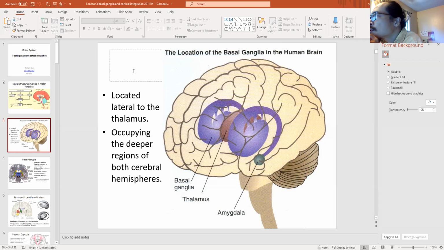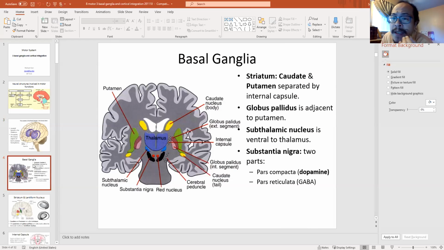If we do a transverse view through here, we can present everything in a two-dimensional space. So that's this one here. From here, you can see the caudate, that's the C shape, body, tail, and the putamen right here. This green one is the putamen. This caudate and putamen together are called the striatum.